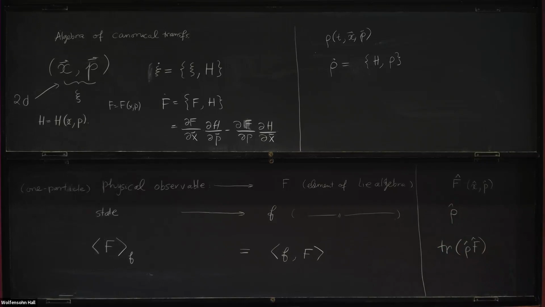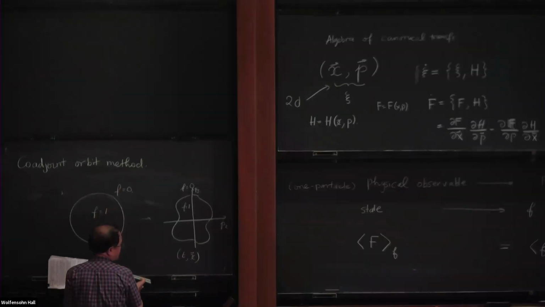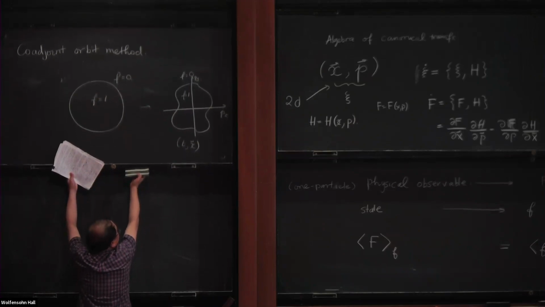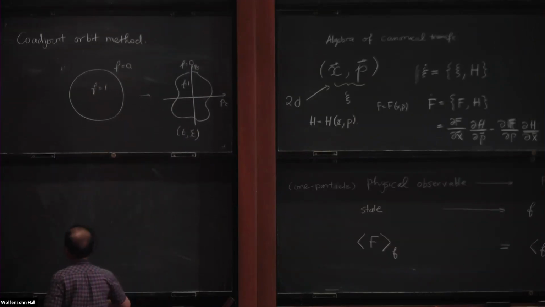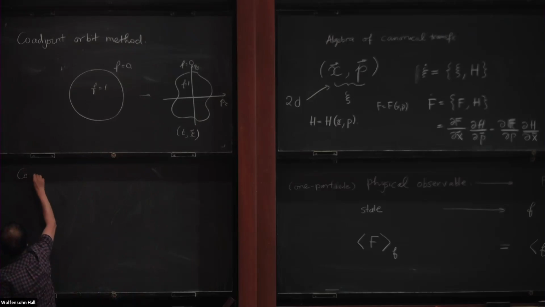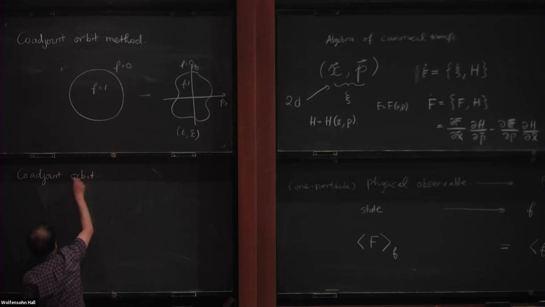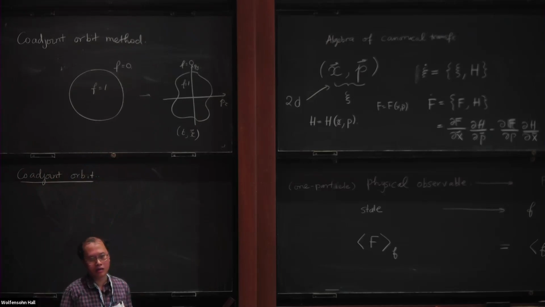Okay, so now I'm going to define what the co-adjoint orbit is. Let's take a given distribution function, say the distribution function of a Fermi gas at zero temperature in the ground state.